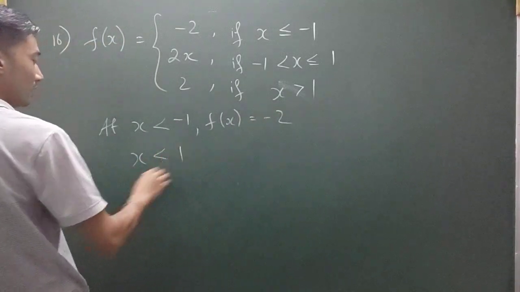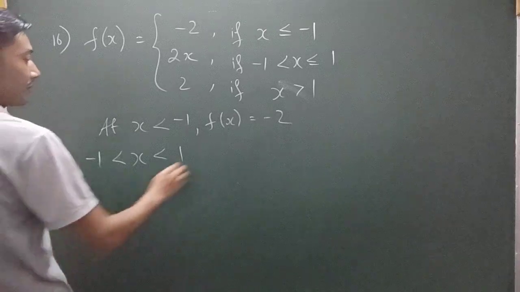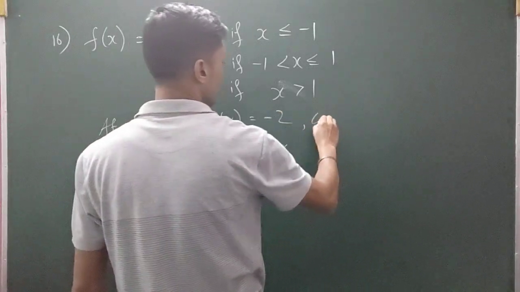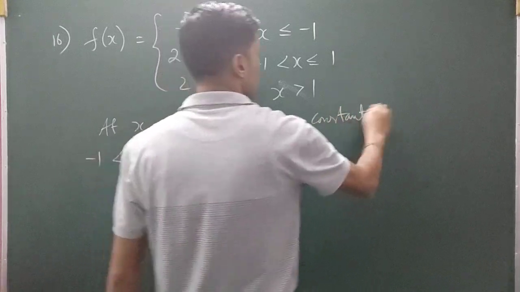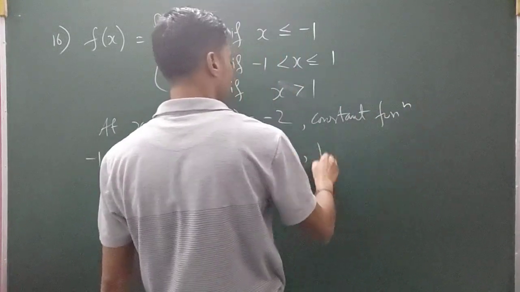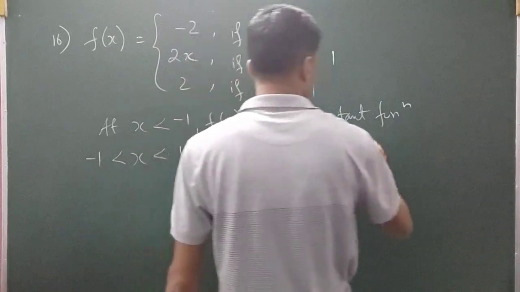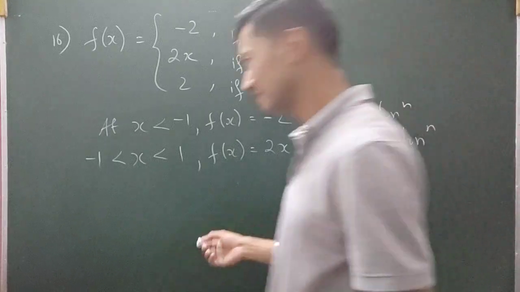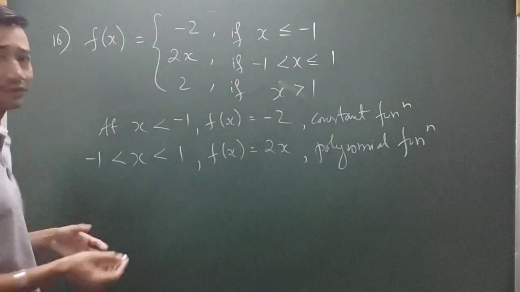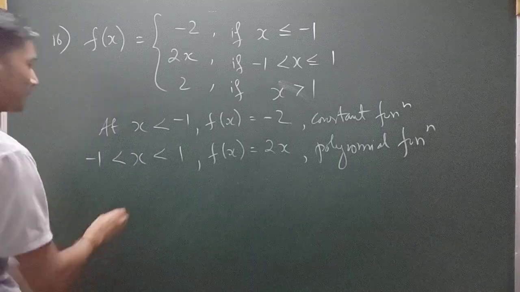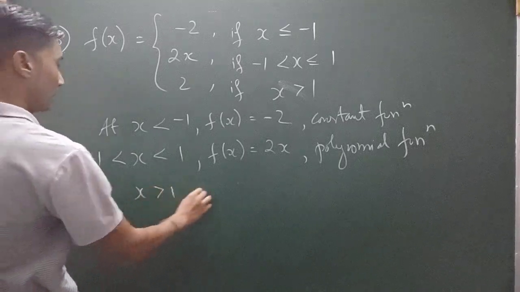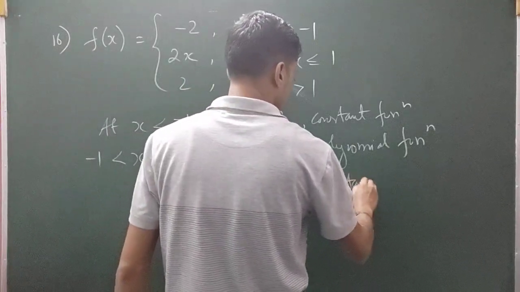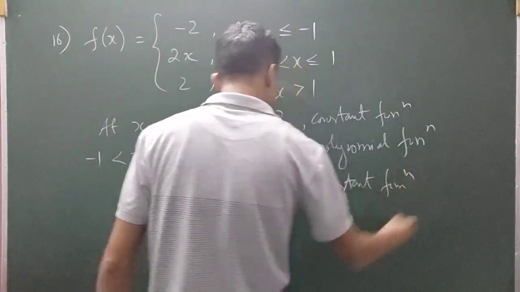At x strictly between minus 1 and 1, our function is 2x. Of course, minus 2 represents a constant function, and 2x represents a polynomial function. These are not strictly necessary, but I'm just giving it to you so that you're not confused if there are any questions based on it. And for x greater than 1, we see that f of x is 2. That is also a constant function.